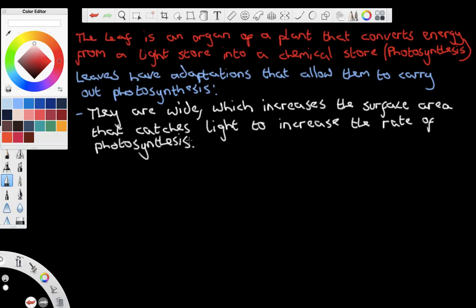So basically they're wider, they have a bigger surface area on which more light can be caught and therefore more photosynthesis can happen.